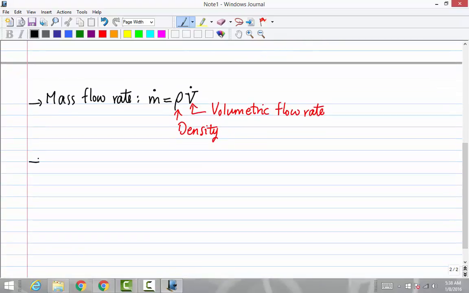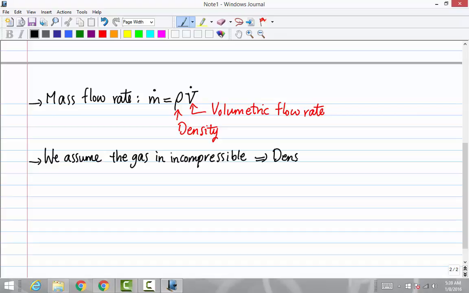Next step is we assume that the gas is incompressible. So density is constant. Therefore, rho coming in equals rho going out.